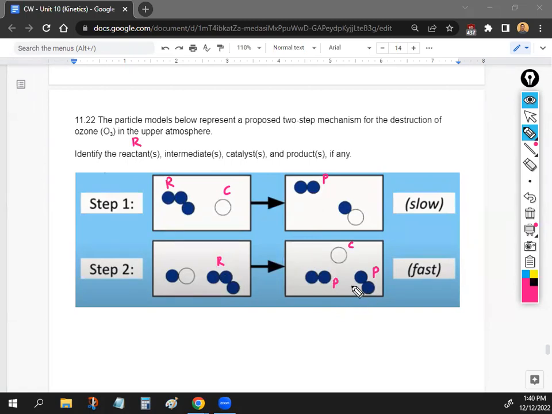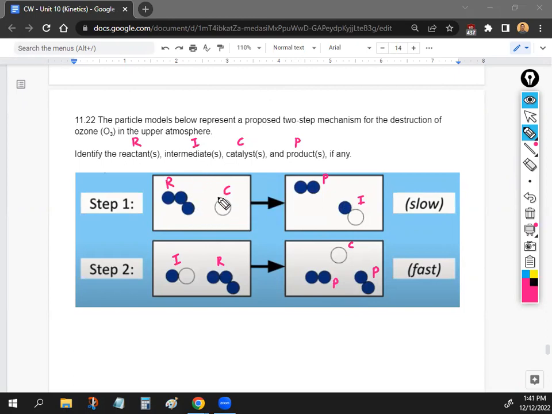It gets used, but it doesn't change itself. Used and abused. Now the intermediate, remember, is when the catalyst bonds with the reactant. It's something that's used, but then not present at the very end. So this right here would be your intermediate.